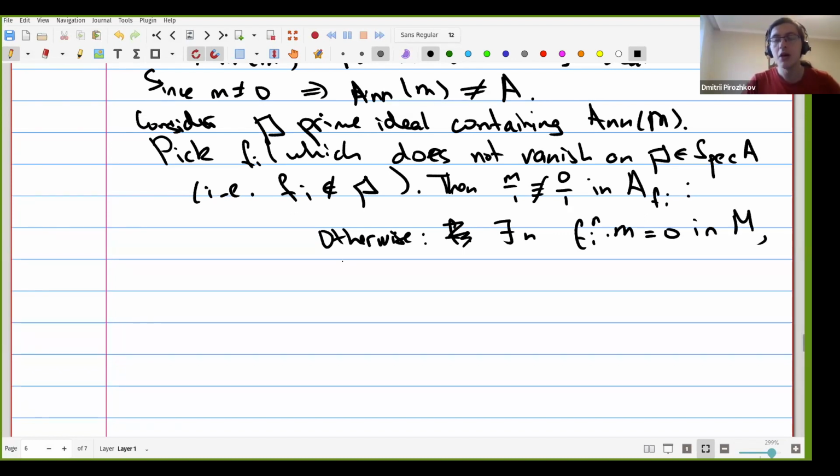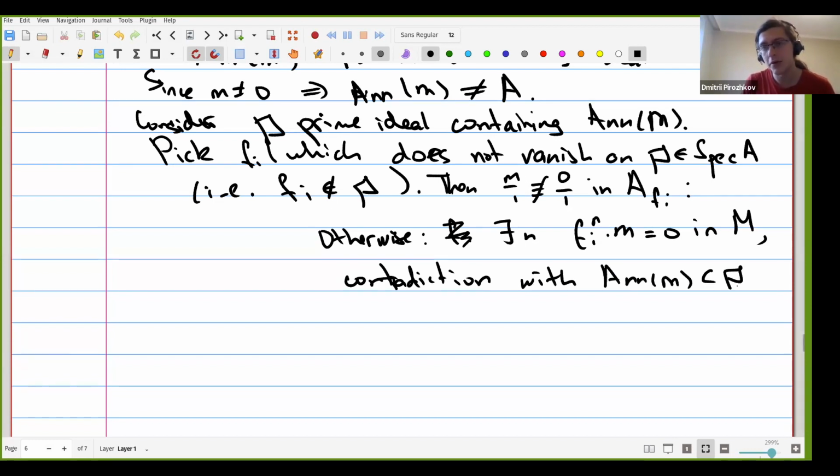But we have assumed that Fi doesn't lie in the prime ideal containing the annihilator. This implies that any power of Fi is not contained in this ideal, but then none of the powers annihilate our element. So this would be a contradiction with the fact that the annihilator of M lies in this prime ideal.